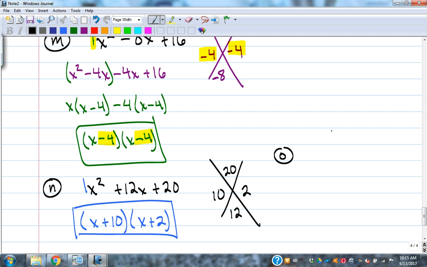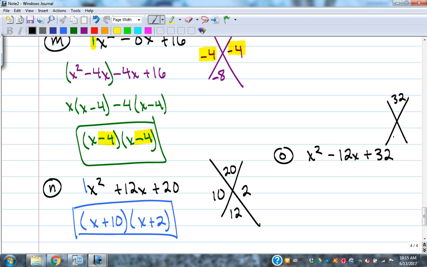If we had another one, maybe it's x squared minus 12x plus 32. So a minus sign even in the middle.